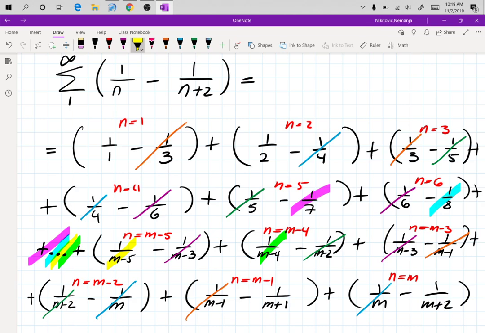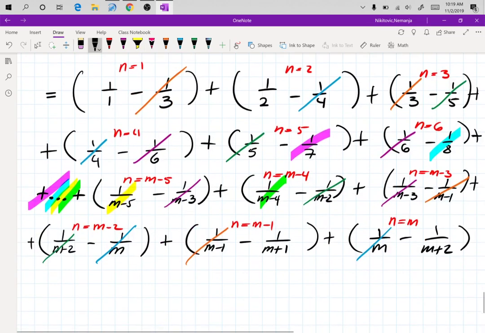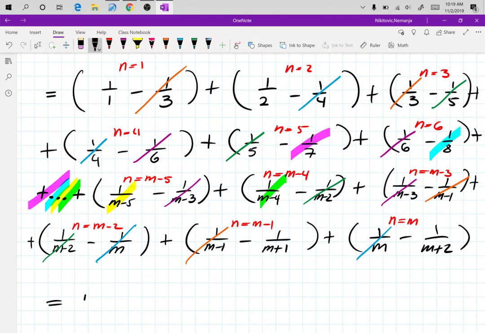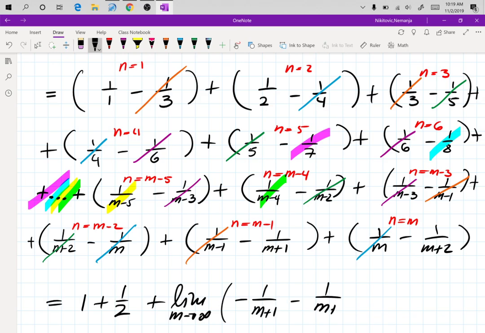And what's left is 1 plus 1/2 plus the limit as m goes to infinity of negative 1/(m+1) minus 1/(m+2). Would you agree that these go to 0 as m goes to infinity? Right? 1 divided by infinity is 0. So the whole thing is just equal to 3/2.